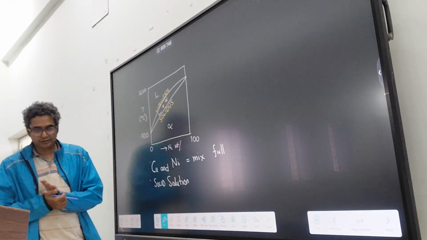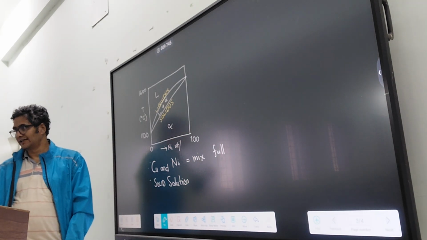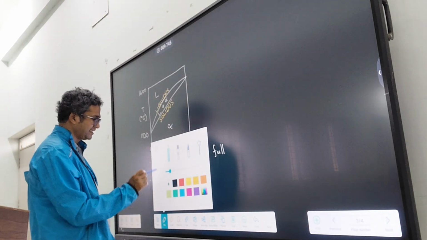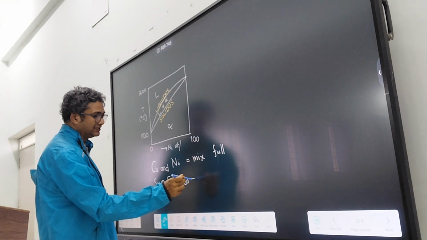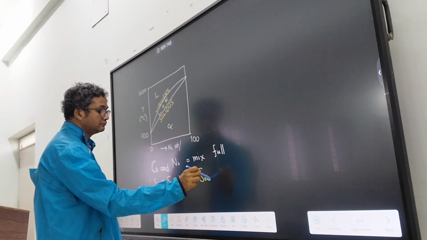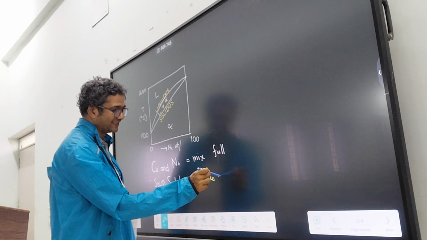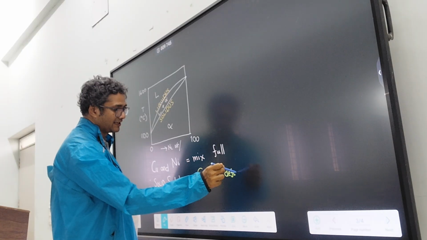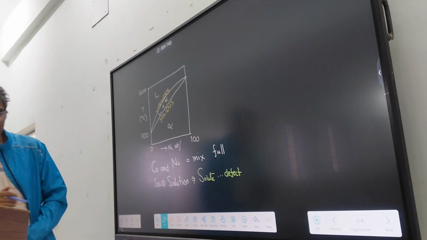So in any solid solution, the solute comes in as a defect. A solid solution implies that the solute is a defect to what? To the crystal lattice of the base material.